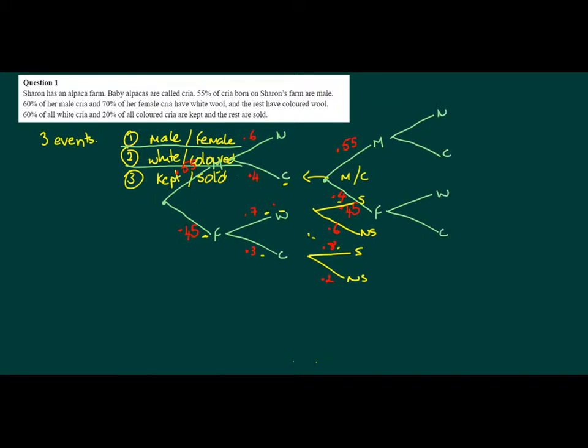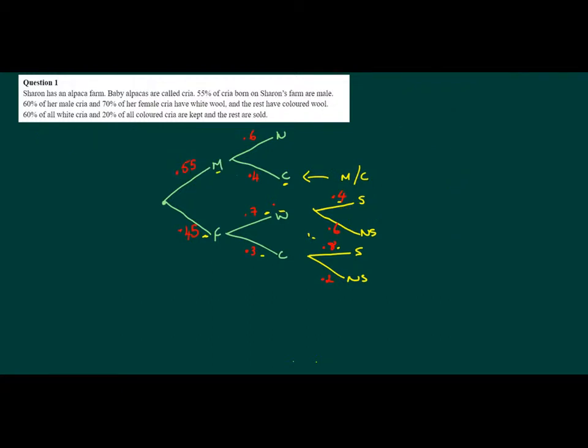Of the male cria, we are told that 60% have white wool, so 0.6, so therefore 0.4 of the male cria have coloured wool. And then we're told 70% of the females have white wool, so therefore 30% have coloured wool.